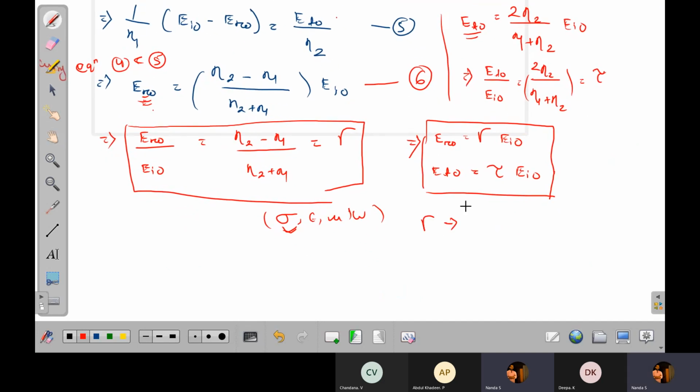This one is called the reflection coefficient, and this one is called the transmission coefficient. These terms will decide how much wave is going to be transmitted from one medium to another, or how much wave will be reflected back.